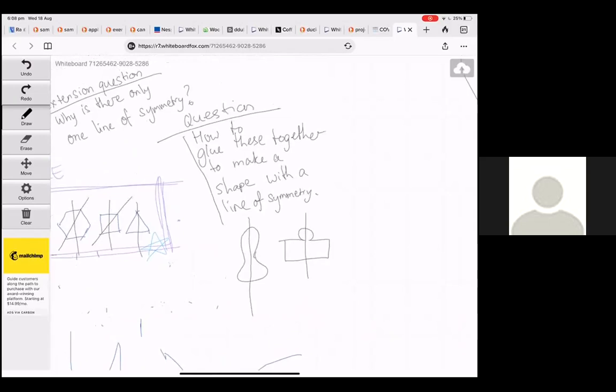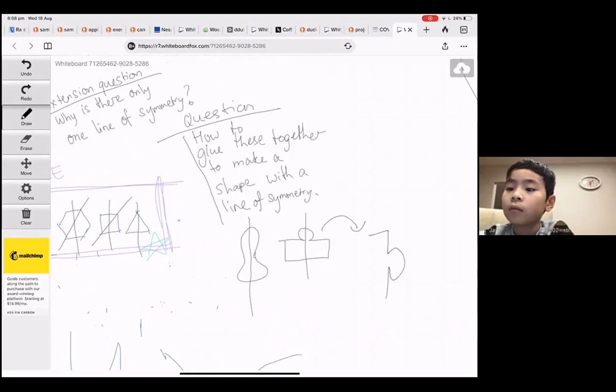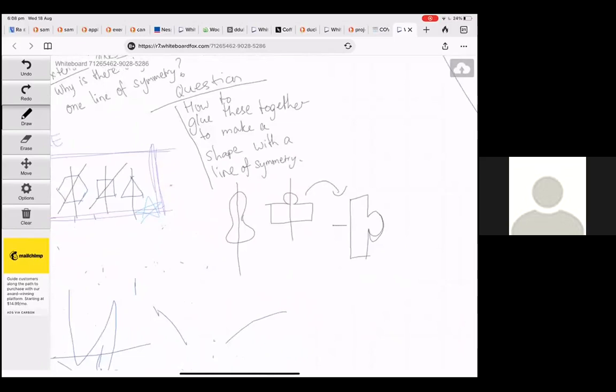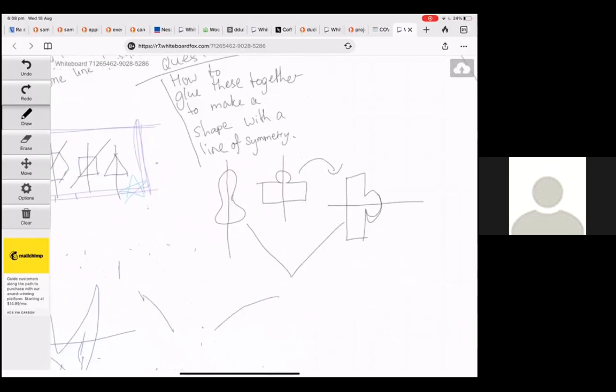You see how these two have only one line of symmetry? If I glued them together, like if I rotate this one so that it looks like this, the symmetry line is here. And then what if I try to glue these together like this?